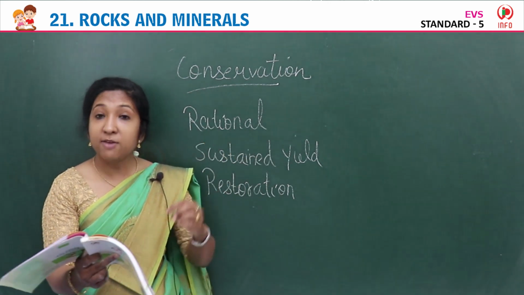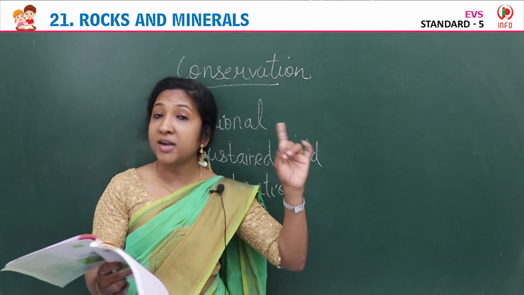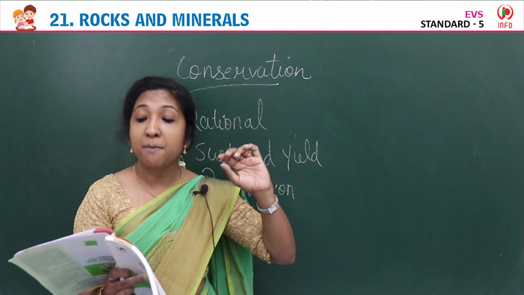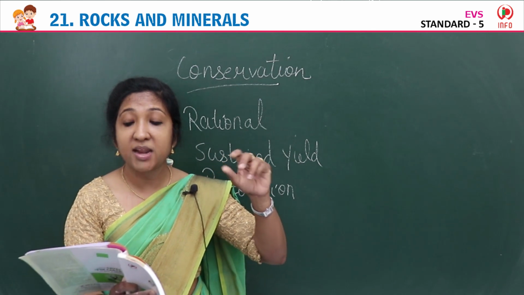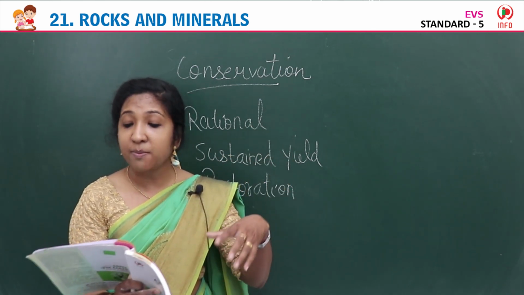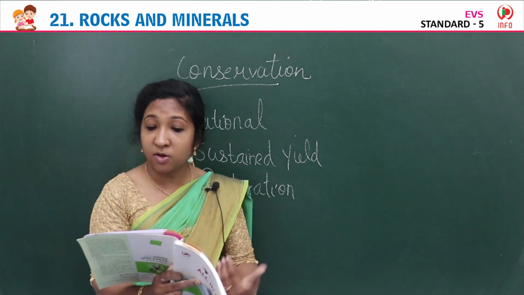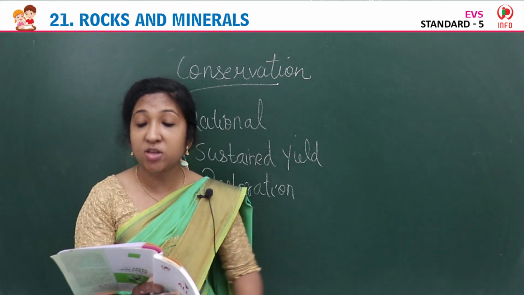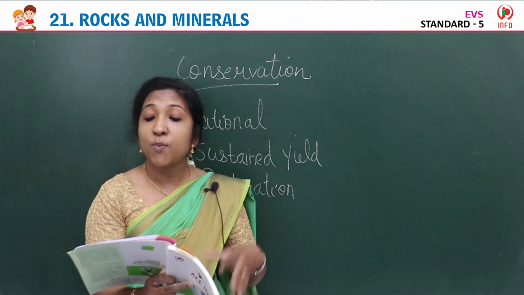Deforested areas, areas that have been mined, barren land where very few plants will grow, and dry areas can be revegetated. Revegetated means we have to provide vegetation to those areas with some effort.